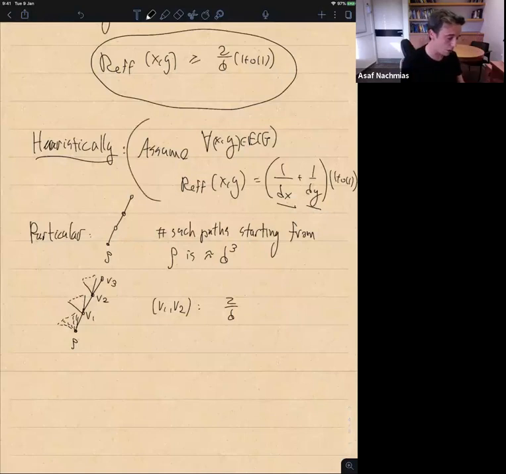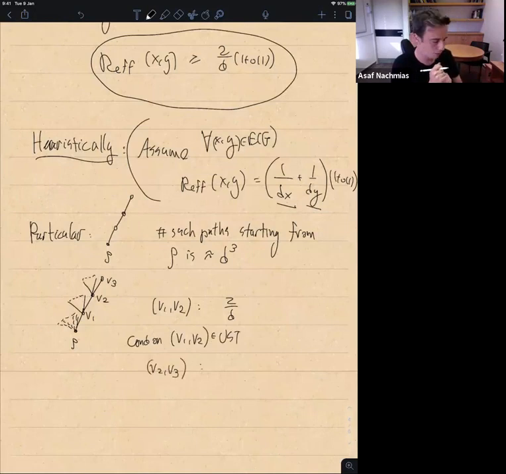Now, conditioned on v1, v2 being in this UST, what is the probability that v2, v3 is in the UST? You have to forgive my calligraphic style. This is a known fact about uniform spanning trees. If I condition on some edge being present in the uniform spanning tree, then I just shrink this edge, identify its 2 points.